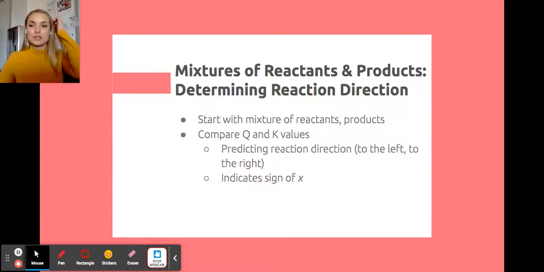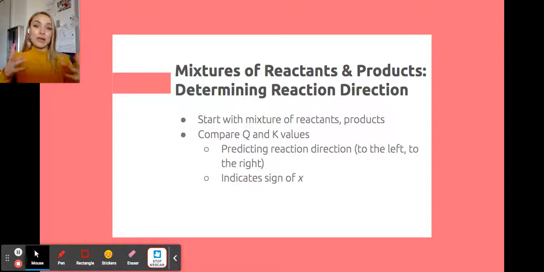So up to this point, we've talked about only either being given our equilibrium amounts or being given starting reactant material. But what happens if we are given a mixture of reactants and products initially? So if our initial reaction system includes both reactants and products, in order to solve that type of problem, the first thing we need to do is determine the reaction direction.